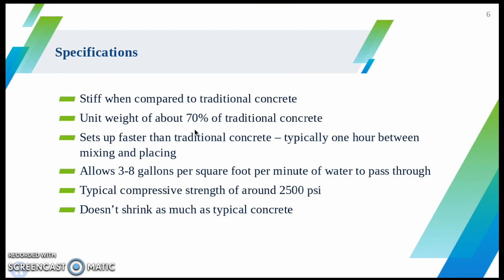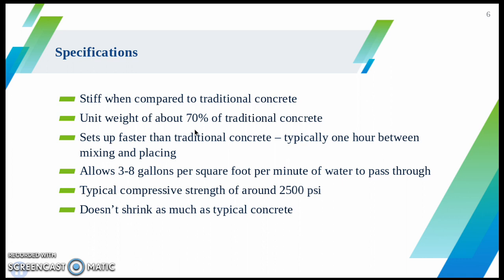The specifications of pervious concrete or pervious pavement. It's really stiff when compared to traditional concrete. It has a unit weight of about 70% of traditional concrete, so it's quite a bit lighter than traditional concrete. It sets up faster than traditional concrete. Typically, once you mix it, you want to have it placed within an hour.